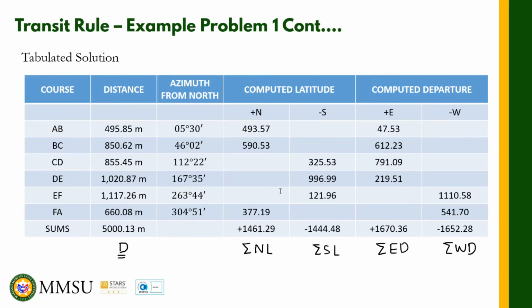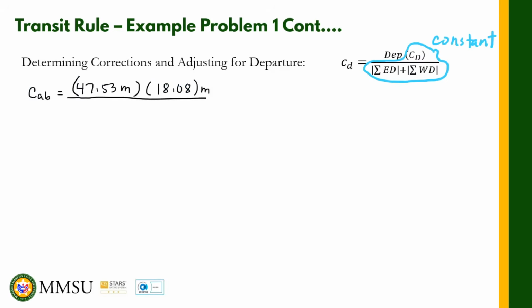So, that comes from here. The summation of ED and WD. That's 1,670.36 plus 1,652.28. Okay, so that's 1,670.36 plus 1,652.28.